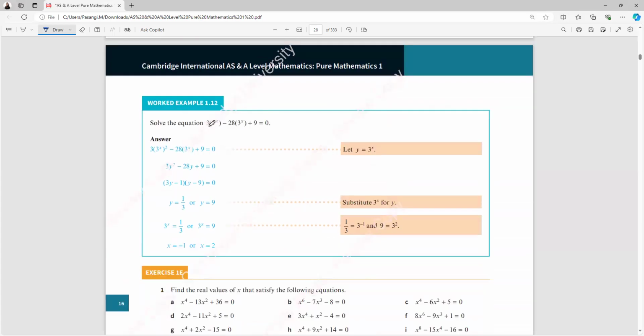Okay, so now we have the powers, indices. What do you think about these types of ones? Here also we can use substitution. See, 9 to the power of x, where x is actually a power. We can write that as 3 to the power 2x.